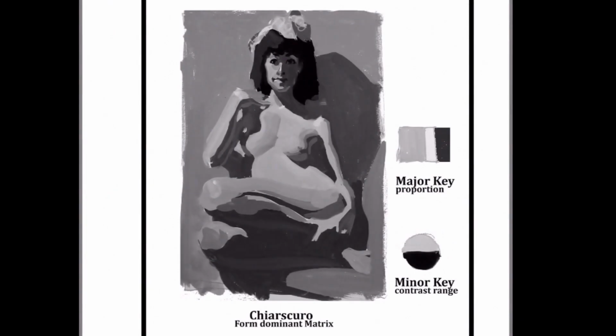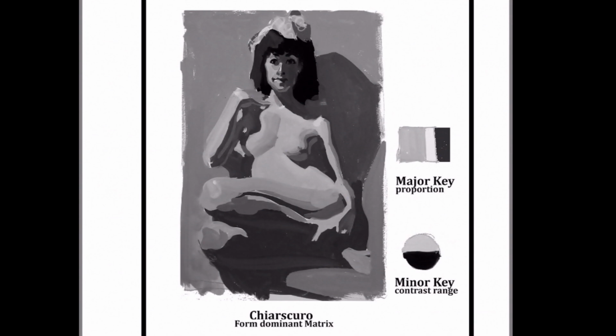This image is mostly chiaroscuro. It's chiaroscuro dominant. Now, when I talk about our major key and our minor key, that's when we're going to start looking at our tonal range. Our more dominant value is our major key, or proportion. It's mostly this mid value and a little bit of dark, and then a little bit of light in there.